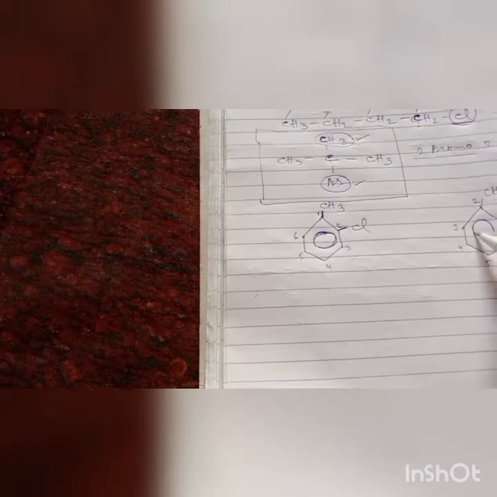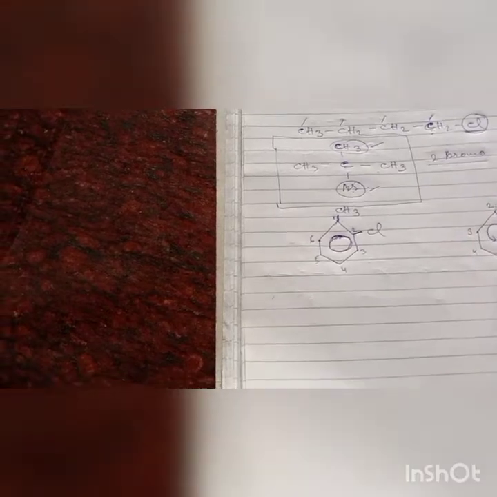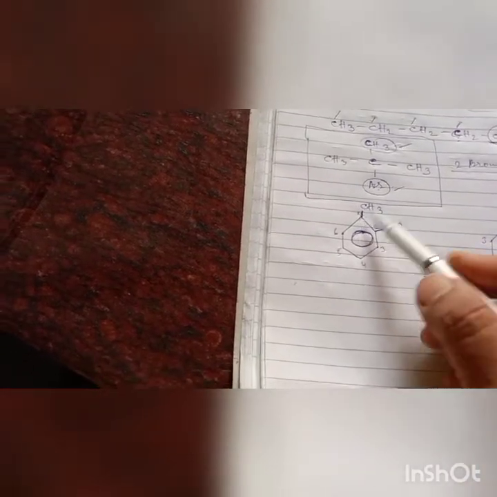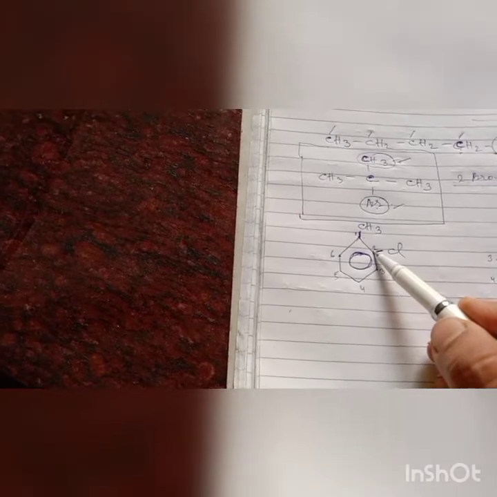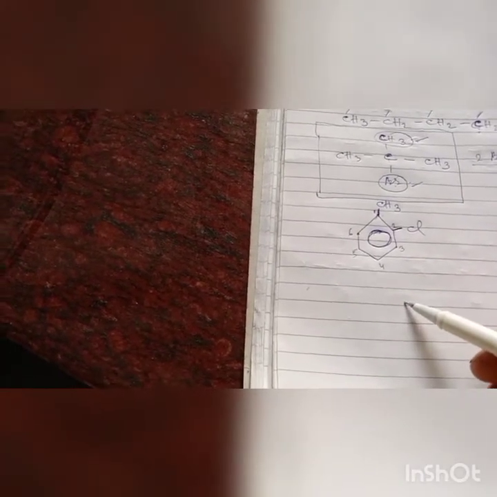This structure is called 1-chloro-2-methyl-benzene, or 2-chlorotoluene also. If we count from here as the first position and chlorine is present in the second position, then we can say it is 2-chlorotoluene.